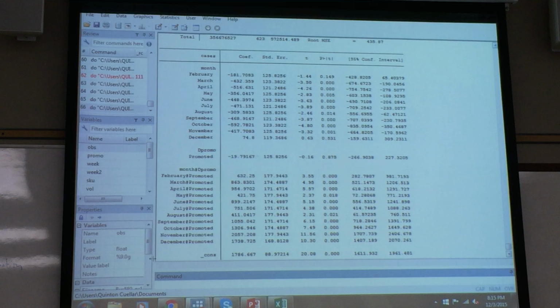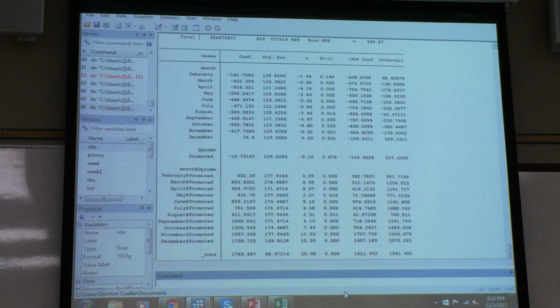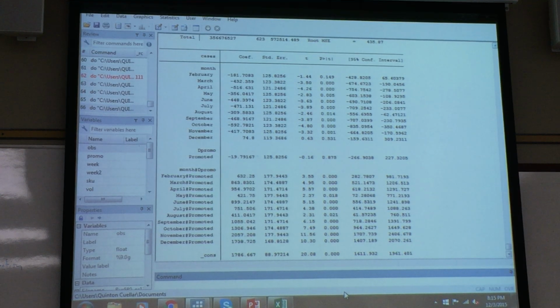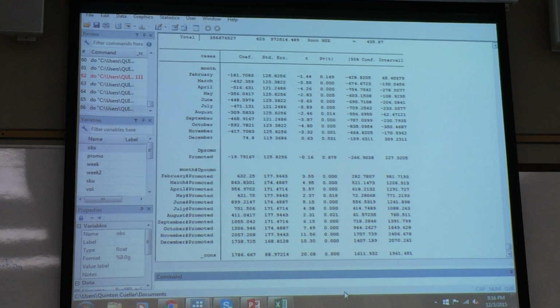That's all relative to the constant, that's right. So we'd have to add that in there. But what this allows us to do is get these t-stats to test for statistical significance. So was the promotion in February statistically significant? Yes. And it looks like all of them are, right?